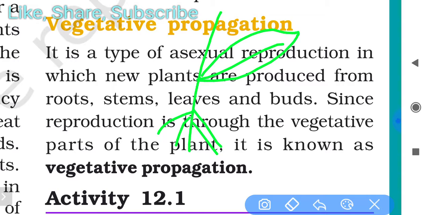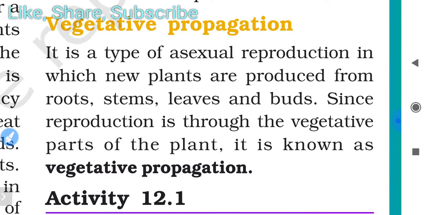A new plant will be formed from its roots or its stem or its leaves. It is known as vegetative propagation because these three parts make up the vegetative parts, and reproduction occurs from vegetative parts. That's why we know it as vegetative propagation.